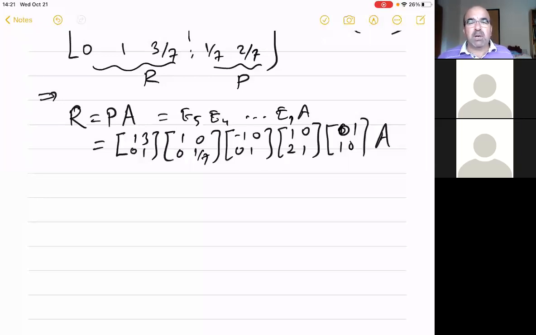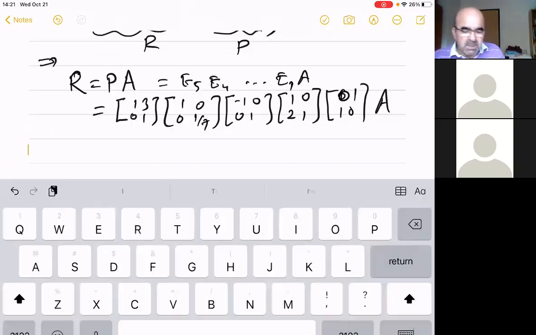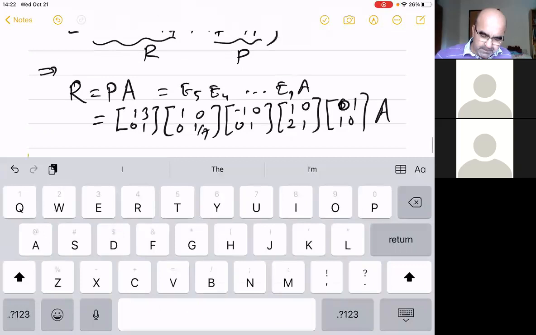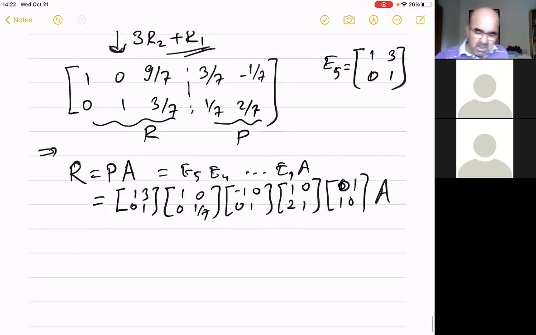It's very useful. So the idea is that you have a matrix and you want to write this matrix in a simpler way. We wrote here R is equal to P times A, right? So you have the matrix A. You multiply it by a matrix P, which is a special invertible matrix, and the result is a simpler matrix.